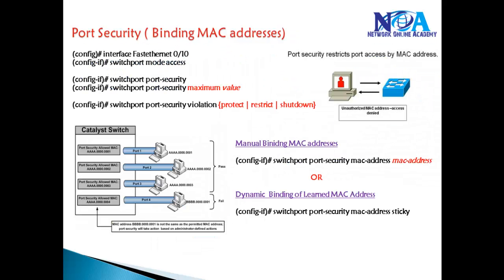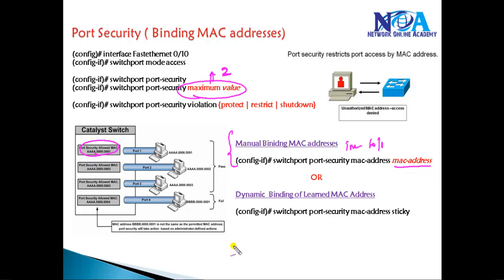To make this possible, we can use the port security feature. Again, I can define the same configurations we discussed. We can define a maximum of 2 MAC addresses, let's say. Either we can do manual binding, where I define the port, let's say port number 1, and what MAC address should be learned on port number 1.